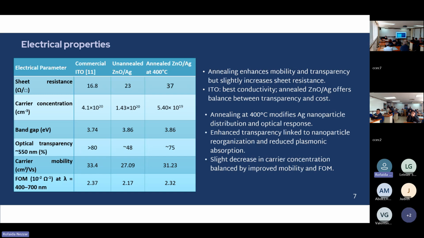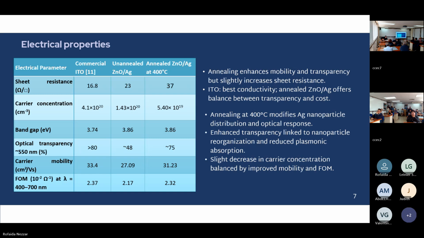So for comparison, pure indium tin oxide, of course, shows the best conductivity with a sheet resistance of 16.8, while the unannealed bilayer has a higher sheet resistance of 23 and moderate conductivity. And for the annealed zinc oxide silver thin film, the resistance increased to 37, but transparency and mobility have improved significantly.